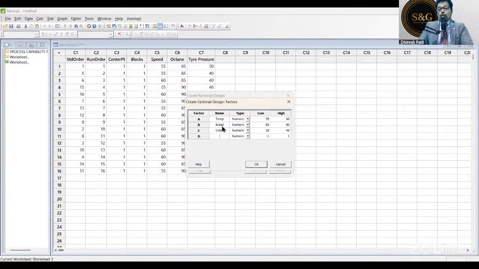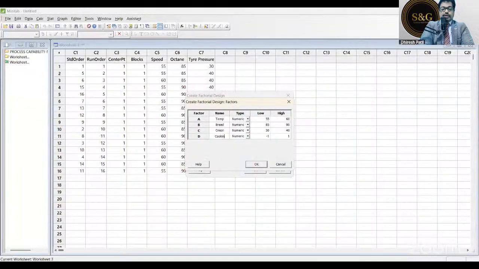So temperature, oven temperature, brand of bread, quantity of onion, and which one is the 4th one? Which is time of cooking. Okay. Cooking time basically. So let me share once again, cooking time.